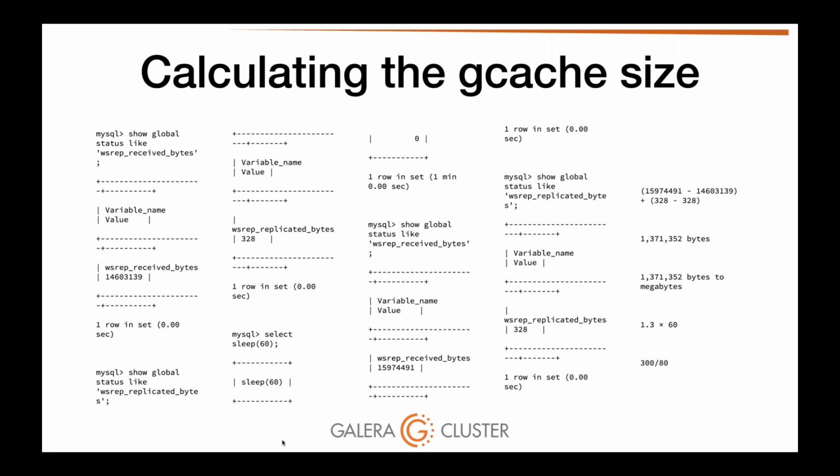Make some calculations and come up with the right size, and then you'll know how much downtime you are willing to have. In this particular example, if you set the GCache size large enough, we can afford about 5 hours worth of downtime, which is probably sufficient if you're in the cloud, maybe not so sufficient if you're running in a data center.